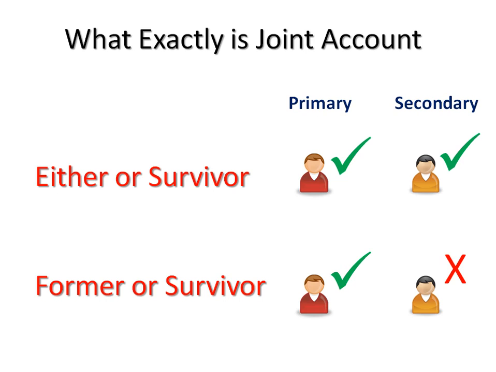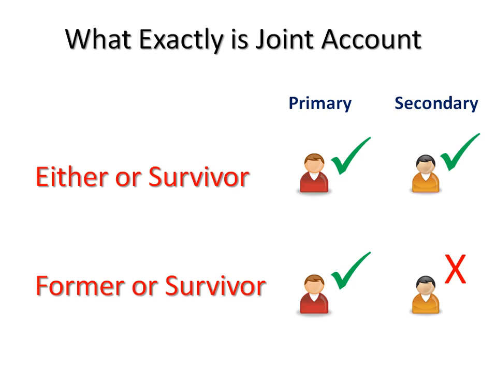Now concentrate on the second one, which is former or survivor. Here you can see that by the structure itself, a primary person can give control to the secondary person upon his death. So he can make sure that if he is not there, the second person should be able to take all the decisions.